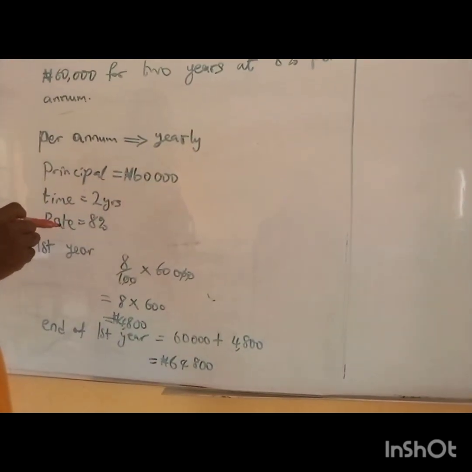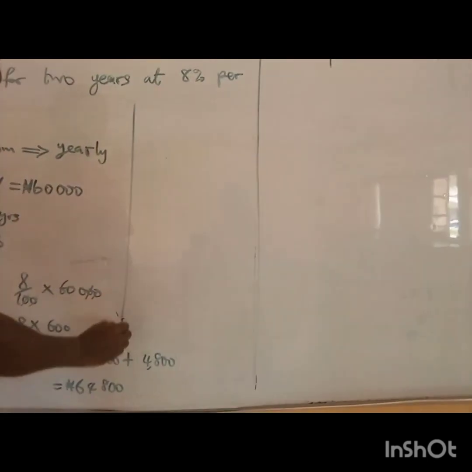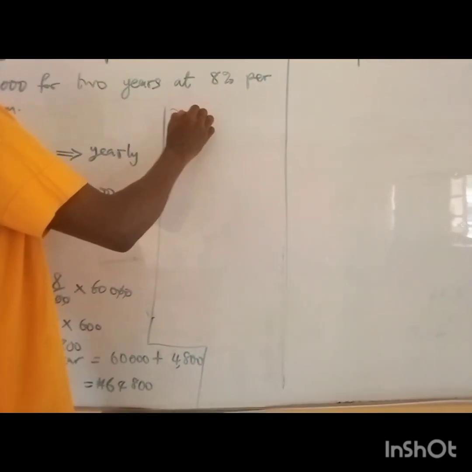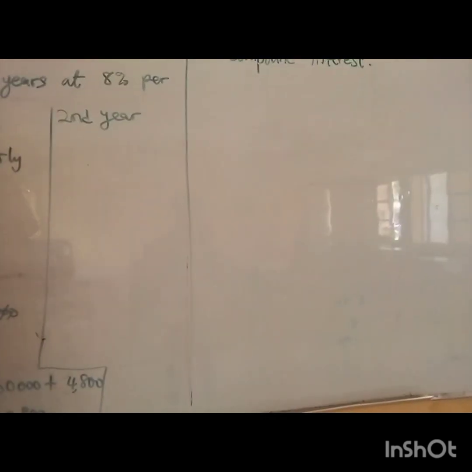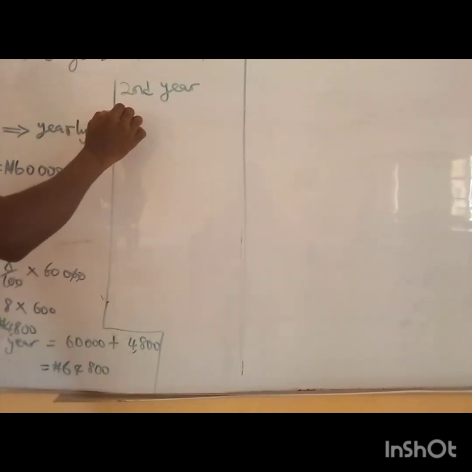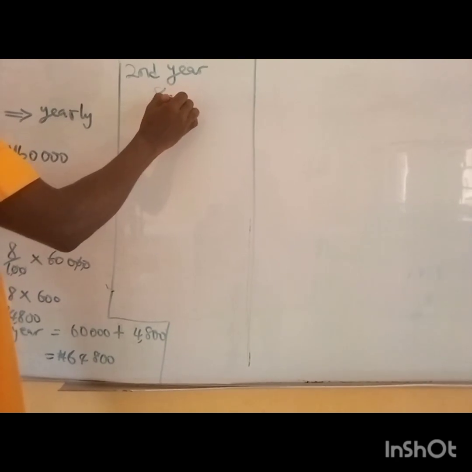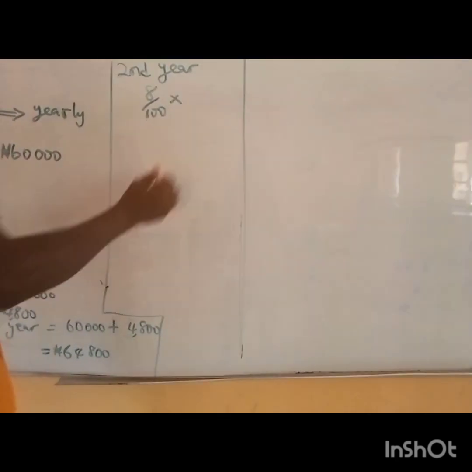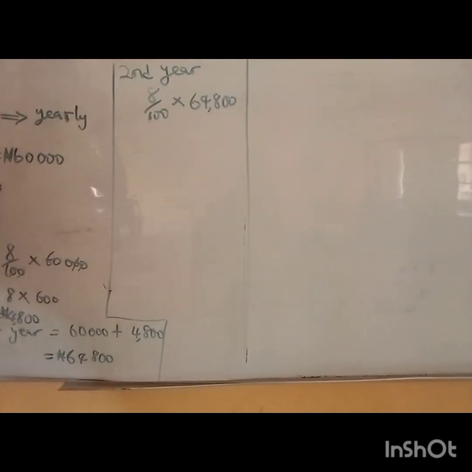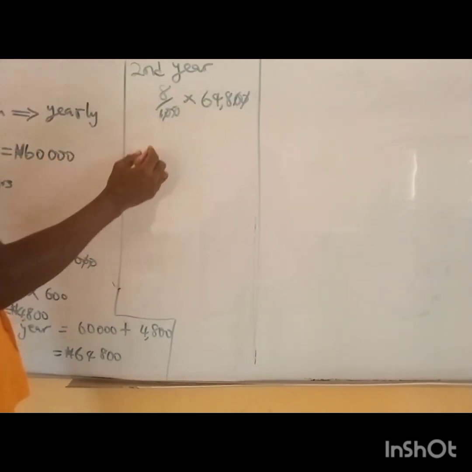So second year. Second year, we have 8% of 64,800. So this 2 0 will cancel this 2 0.